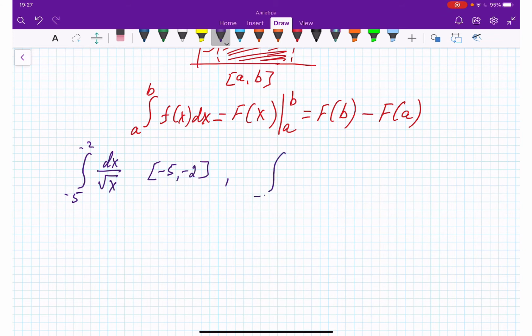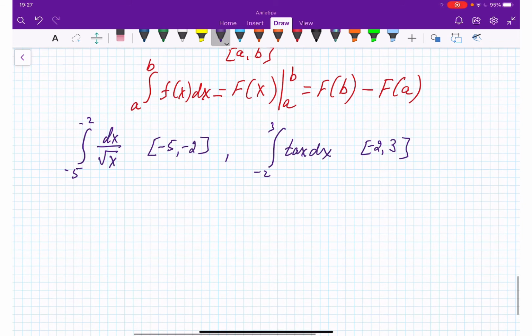Okay? Another example where a definite integral does not exist. Here we have from -2 up to 3, and we have tangent x dx. Since we have integration on the interval from -2 to 3, the tangent suffers a gap at the point x equal to -pi/2, right?